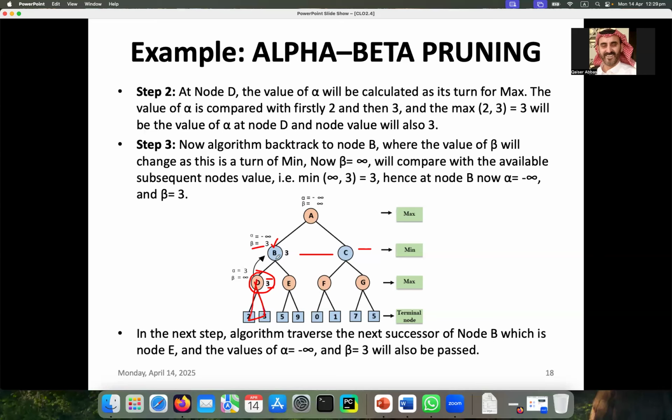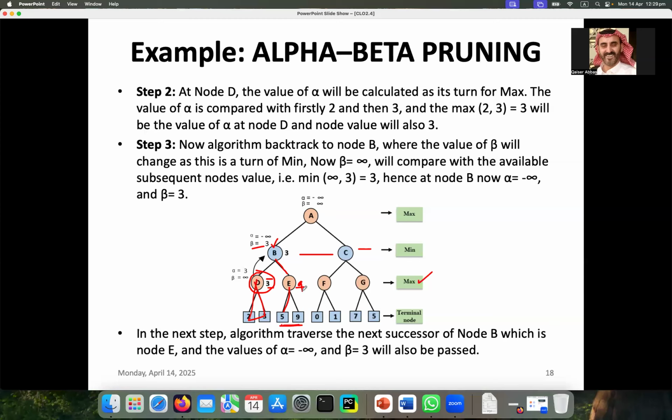And now, according to the depth first search, we have to execute this. And when you execute this, E, what will happen? The value of beta is now 3. And when you open it, 5, you will have the 5. But first think, you have one level for the max player. Max player will compare these two, and it will take the maximum, which is 9.